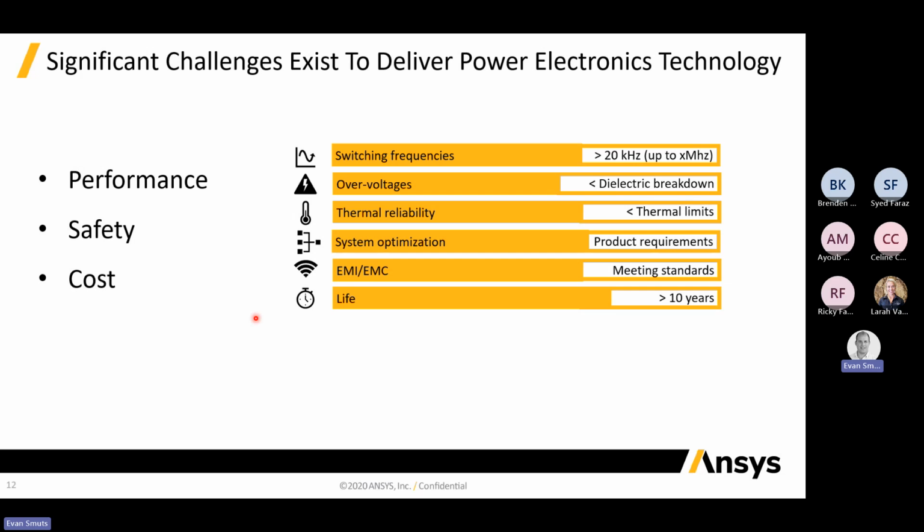And when it comes to power electronics, there are many challenges that we need to be able to understand. As the components are getting smaller and smaller and frequencies, for example, are getting faster and faster, it's putting a lot more strain on the performance requirements for the device. We'll also reach problems with over voltages, breakdown of the materials that we're using. This could be from the EM side or come from a thermal aspect as well.